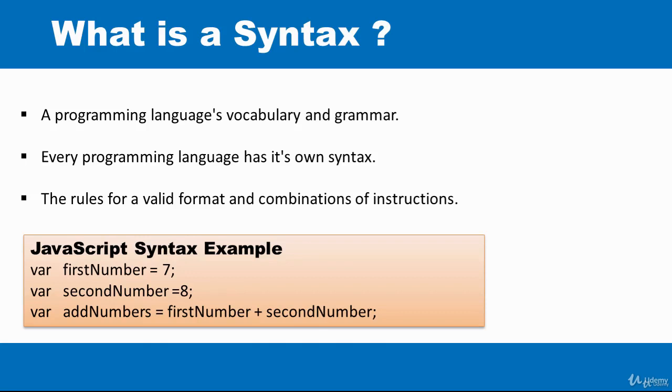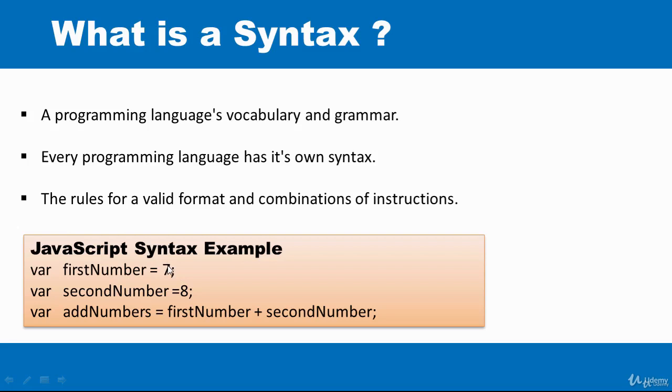And in this example here, we've got some keywords. This word var is basically known as a variable. It is used as a storage container. So in this example, I've got a variable called first number, and I'm using the equals sign to assign it the value of 7.